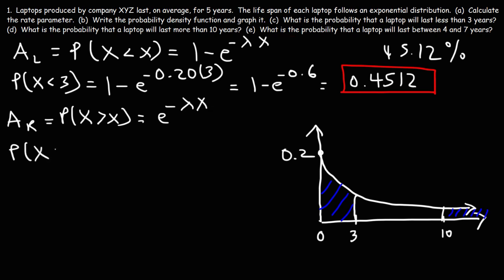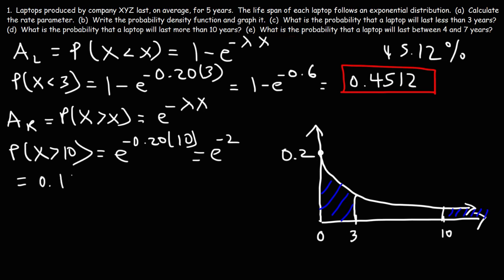So the probability that x is greater than 10 is e to the negative 0.20 times 10, and negative 0.2 times 10 is negative 2. So it's just e to the minus 2. And so you should get 0.1353. So that's the answer. Or you could say there is a 13.53% chance that a laptop will last more than 10 years. That is a laptop issued by company XYZ.